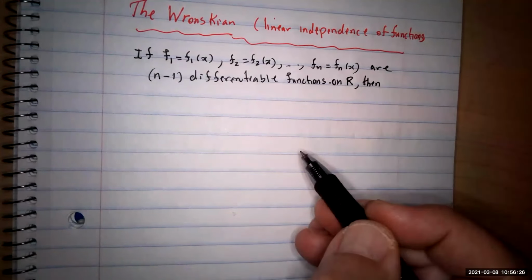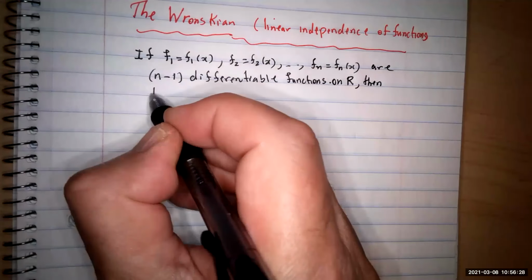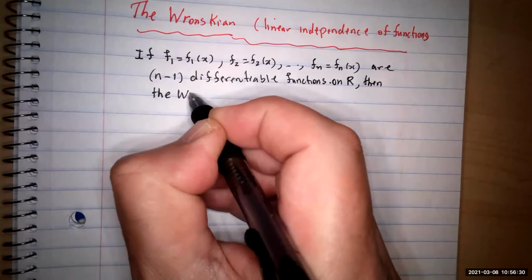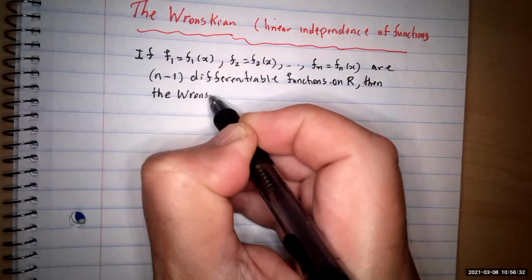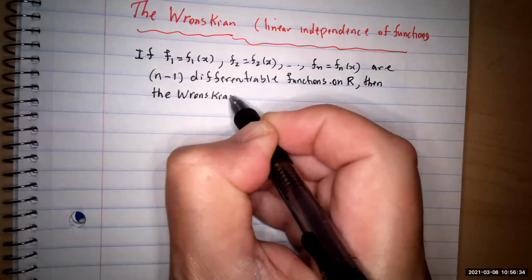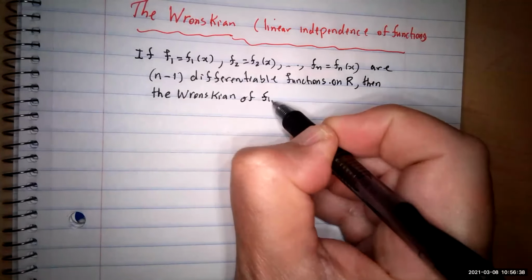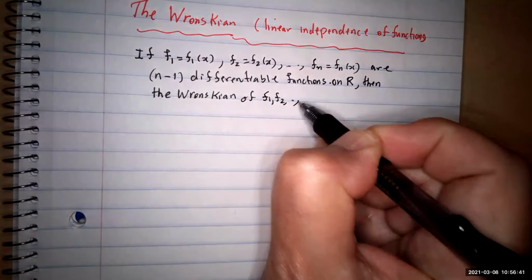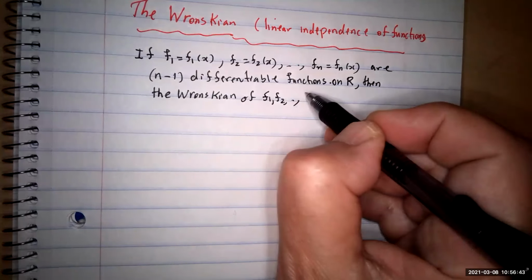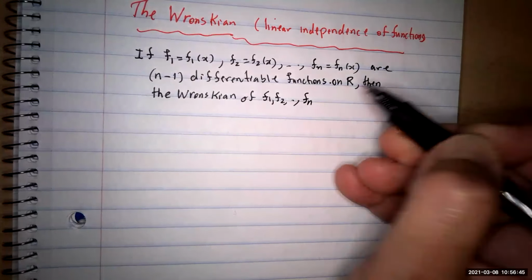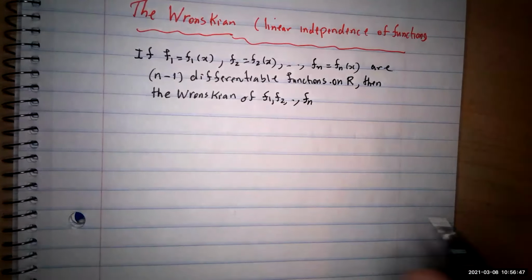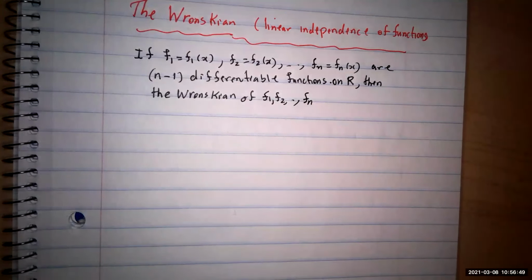Then the Wronskian of these functions. They are going to be vectors in the vector space of differentiable functions. That's it. Because if two functions are differentiable, the sum is also differentiable, and a scalar multiple of a differentiable function is differentiable.